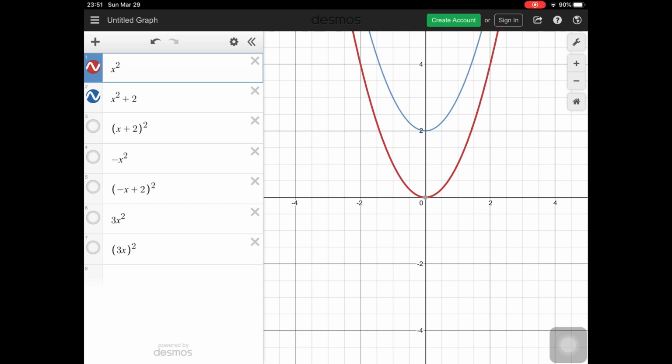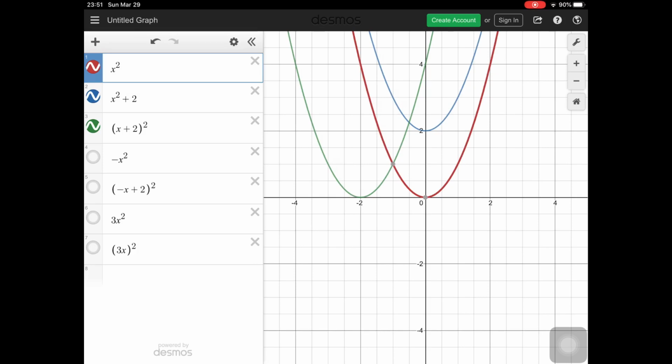Now, what do you think should happen for function number 3, where we have (x plus 2) squared, when we have the plus 2 inside the parenthesis with the x? If you see this graph, you're going to see that the function moves 2 units to the left, right? So that sounds a little bit counterintuitive. We're going to see that in a while.